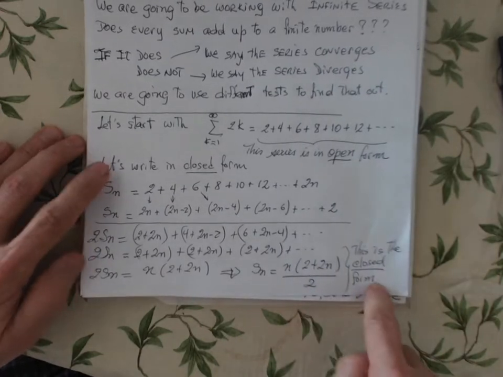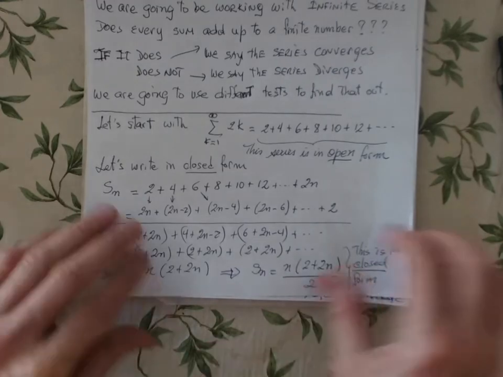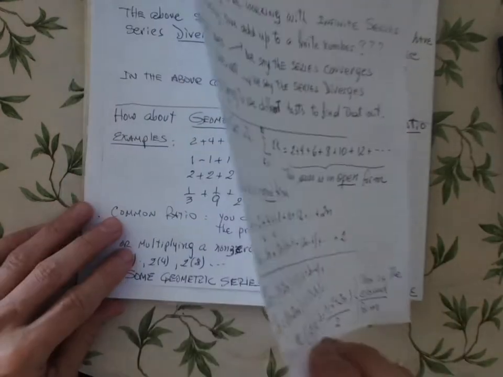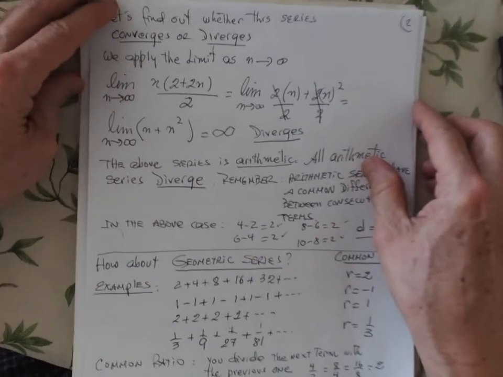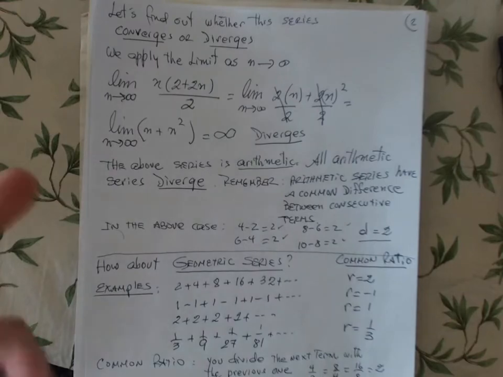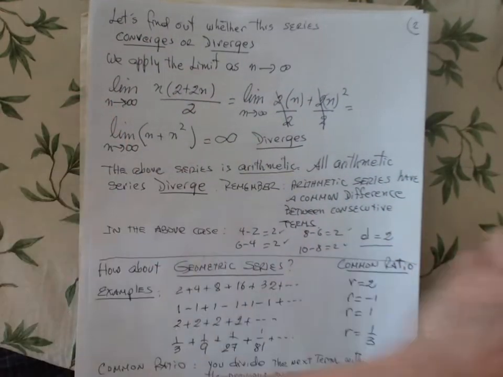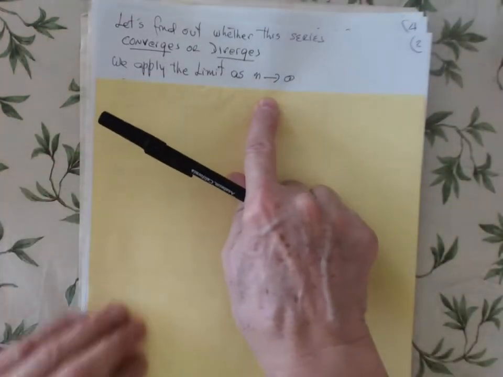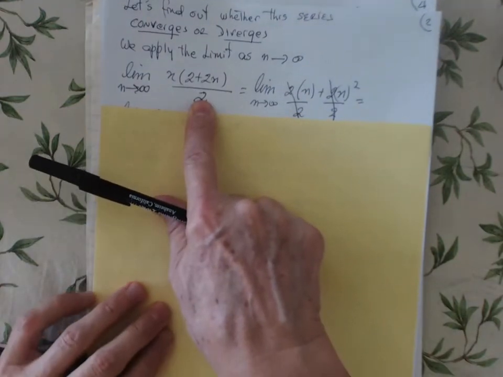That's a closed form. So what happens when n goes to infinity then? Let's see what happens. We're going to find out the big question, whether it diverges or converges. So we apply the limit as n goes to infinity, and then apply the limit to that sum.